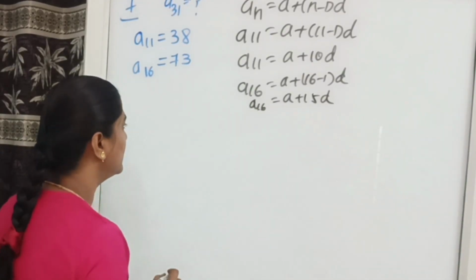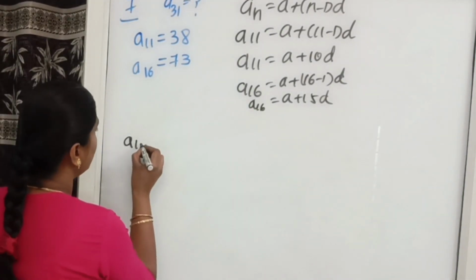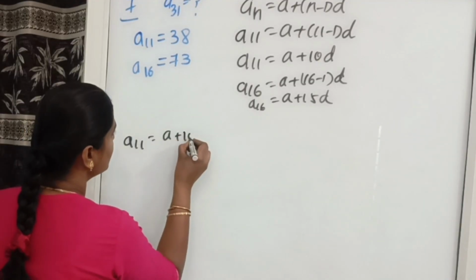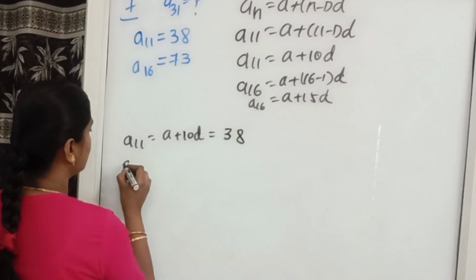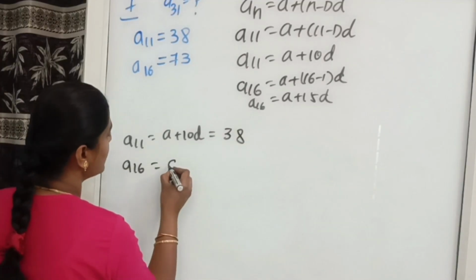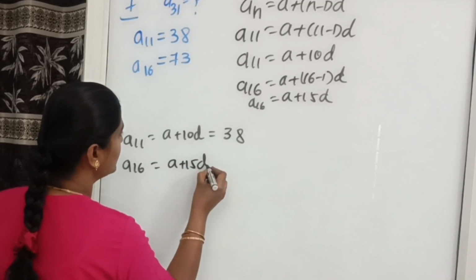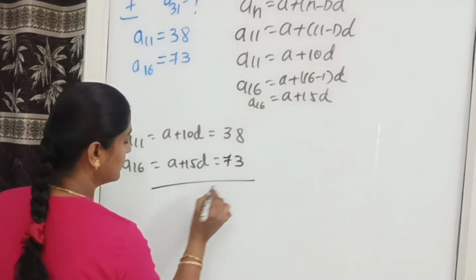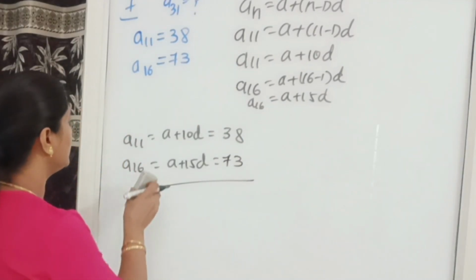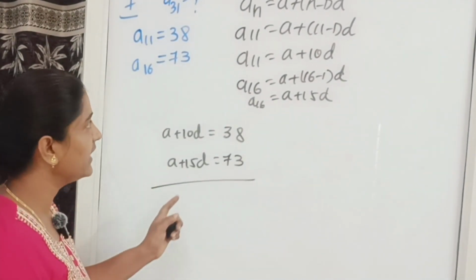So write the first one: A11 is equal to A plus 10D, which is 38 as given. And the second one is A16, A plus 15D, is equal to 73.